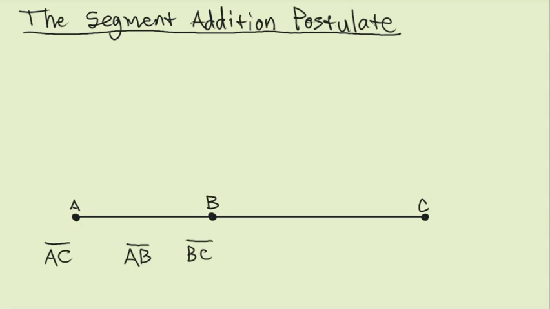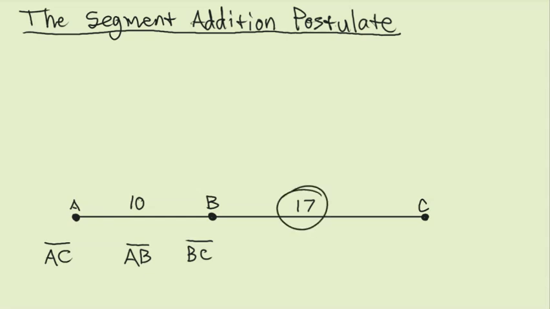Okay? Now, here's what the segment addition postulate says, is that if the distance from here to here, let's say that it's 10, okay? And let's say the distance from here to here, so the length of segment BC, let's say that that's like 17.